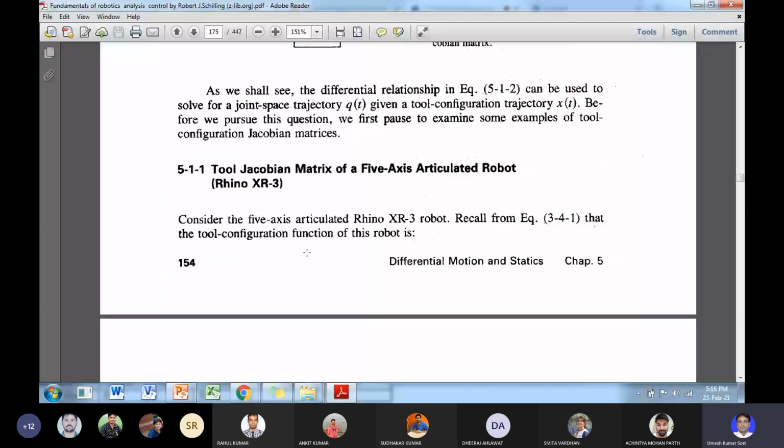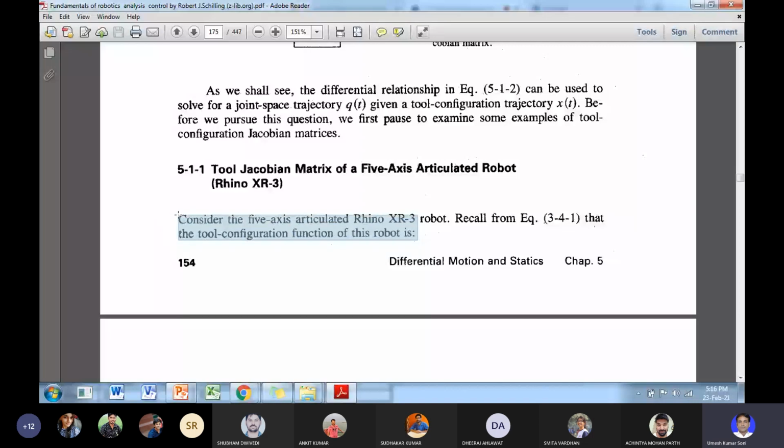So now we study the tool Jacobian matrix for a practical case of a 5-axis articulated robot, that is Reno XR3. As in earlier sections, I have illustrated how to determine the tool configuration vector after determining the orientation matrix and position vector.